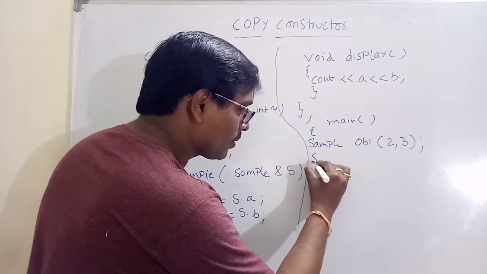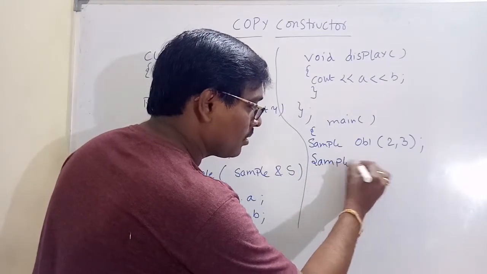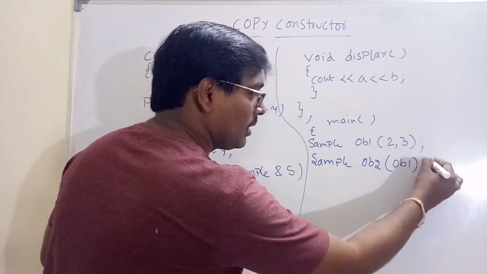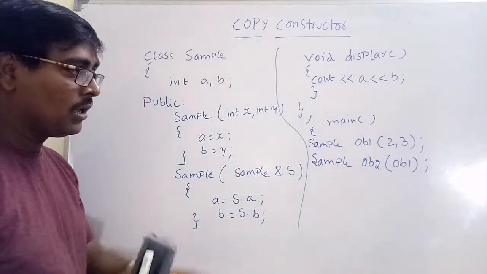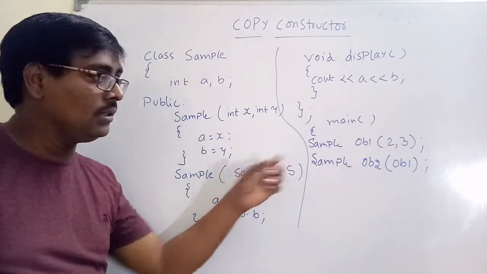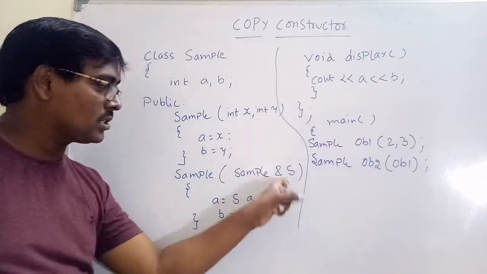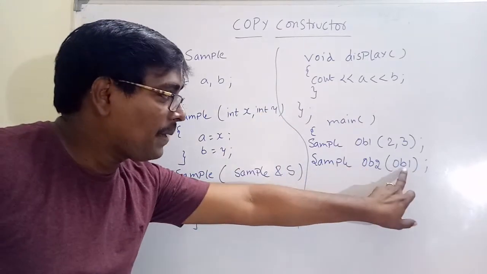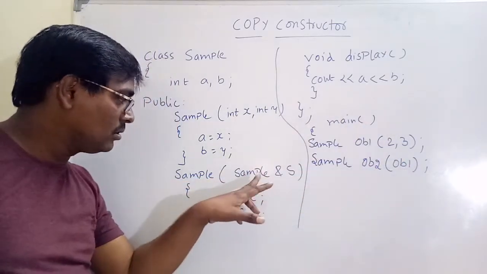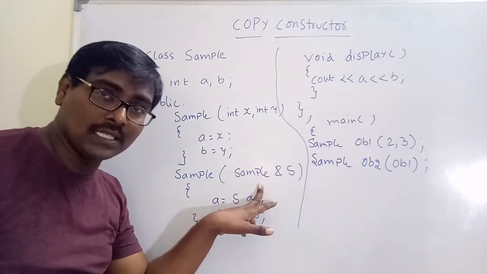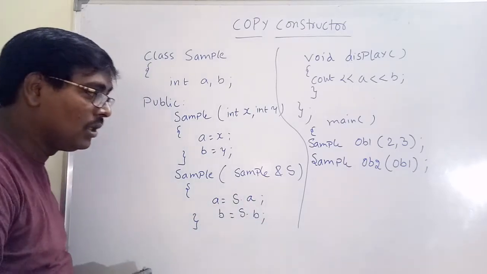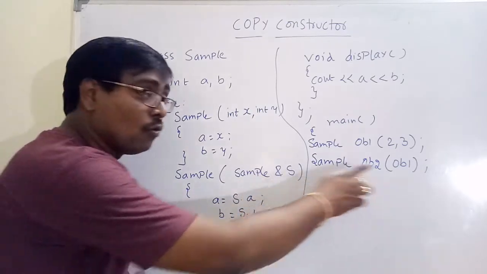Now, sample ob2 of ob1. Here what is the meaning of this one? Now also, whenever I am creating an object, the constructor is called. Here we have two constructors. Which one is called? The parameter is an object. So this constructor is called. Now s holds ob1.